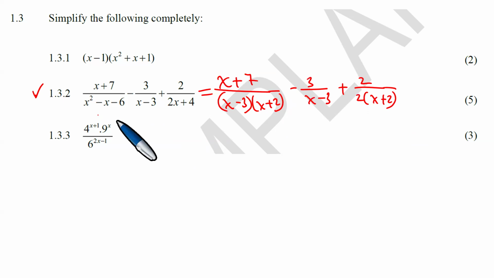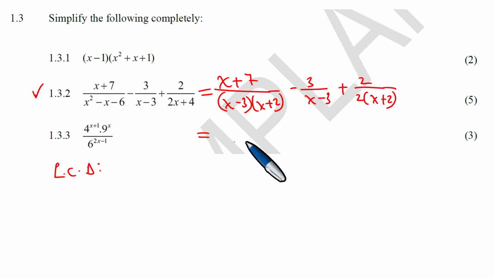We factorize each of these denominators. Then the next thing is we write down the lowest common denominator, called the LCD.